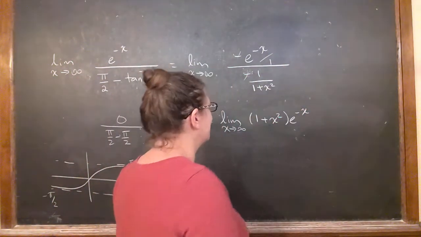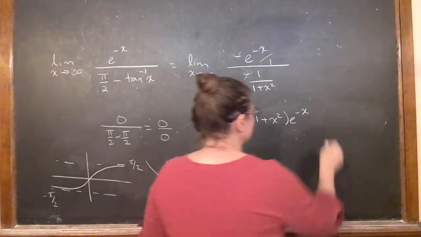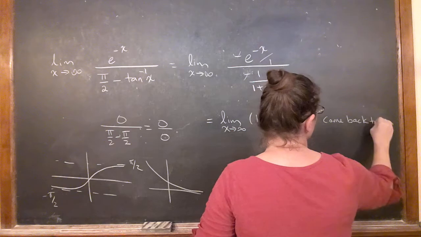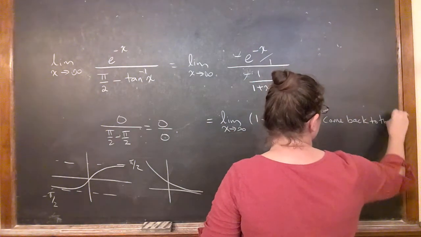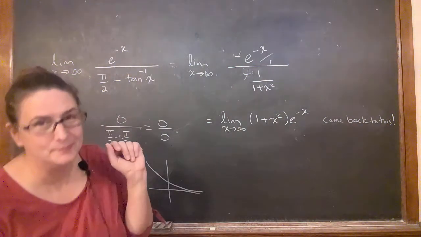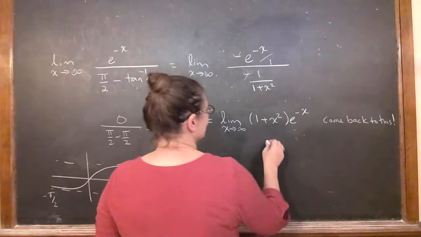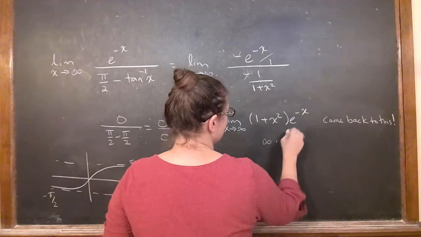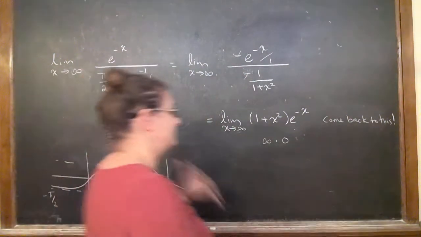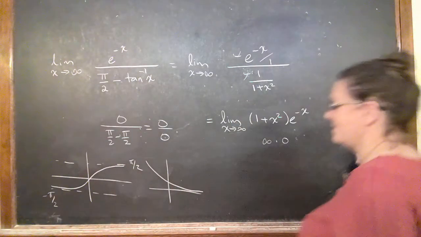We'll have to come back to this. Right? Because now I actually have a problem. This is infinity, and this is times 0. Okay, we're not going to come back to it. I'm just going to tell you how to do it because I don't want to come back to it.